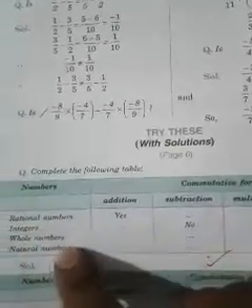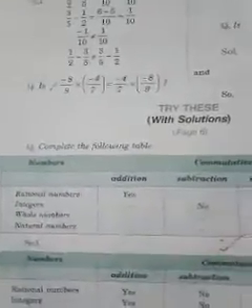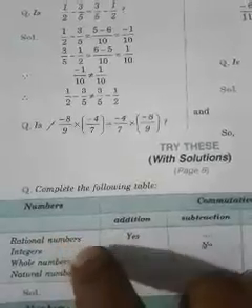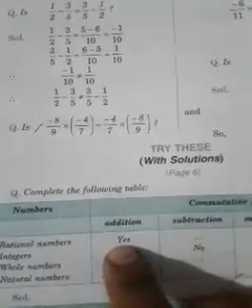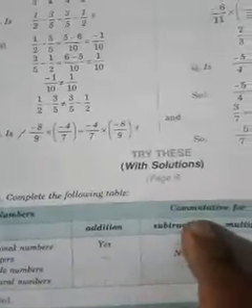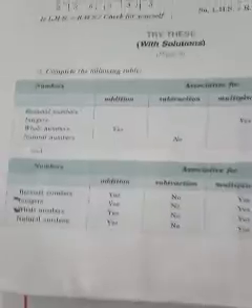That's why it is written as S. We found that the commutative property is satisfied in rational numbers under addition. Sorry, that table was for commutativity. Sorry, it's my mistake. We have to fill a table afterwards.